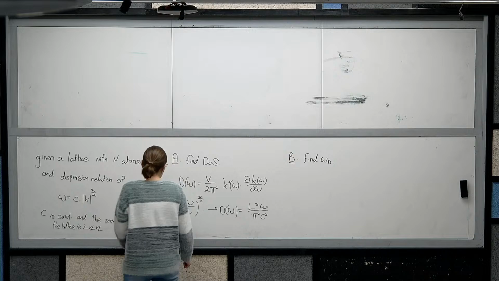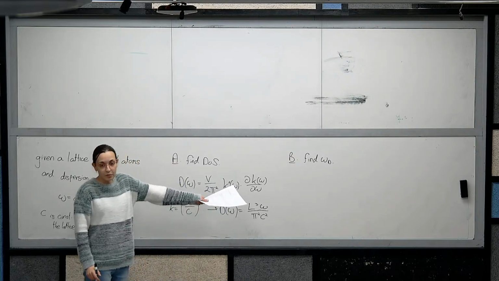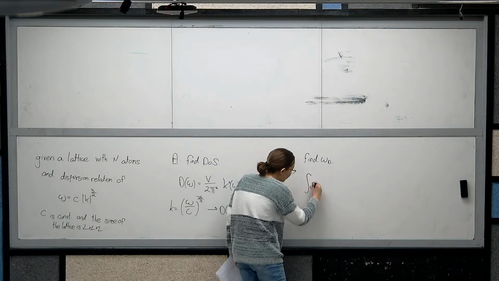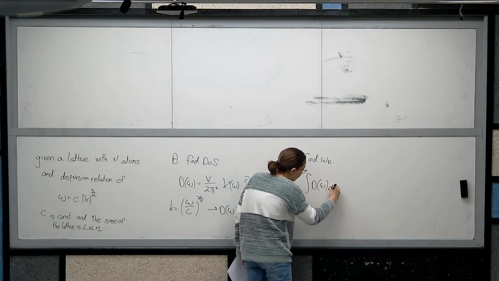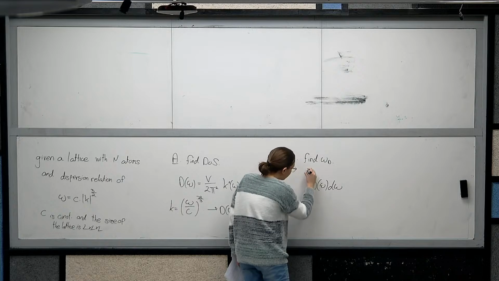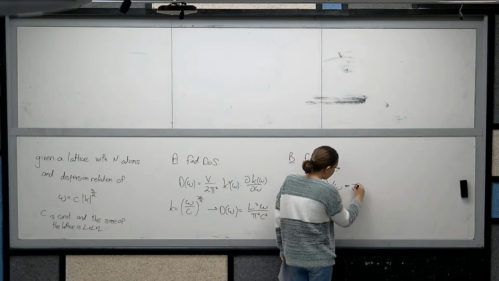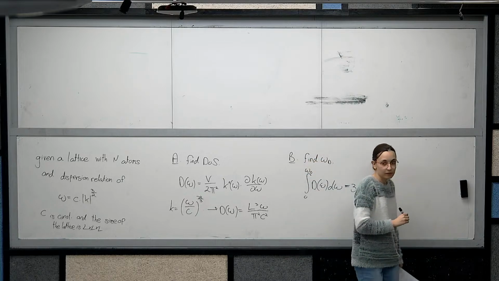Okay, so in order to find the omega d, we said we need to use this integral on the density of states from 0 to the Debye frequency, and this should be equal to 3n.